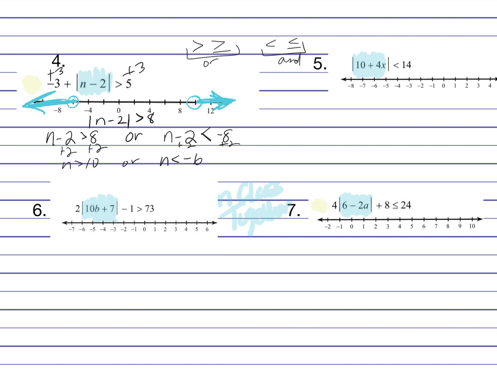Now we're going to read that number line from left to right. Where does that black number line start being shaded blue? Negative infinity. It stops at negative 6, and then it's black for a while, and then it starts again at 10. So this is the one that has a union in it. So it starts at negative infinity.